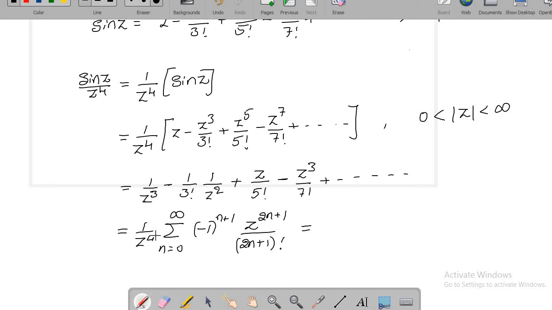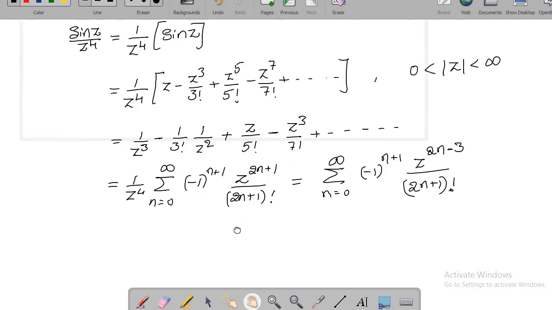So the moment you multiply with 1 by z power 4, I'll get summation n equal to 0 to infinity, negative 1 to the power of n plus 1, and this is z to the power of 2n minus 3 by 2n plus 1 factorial.